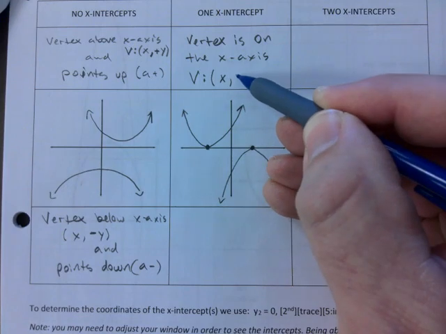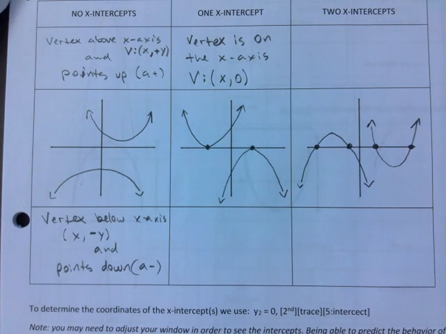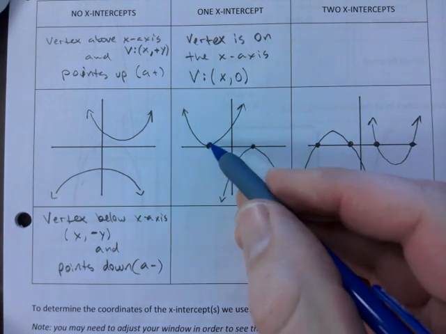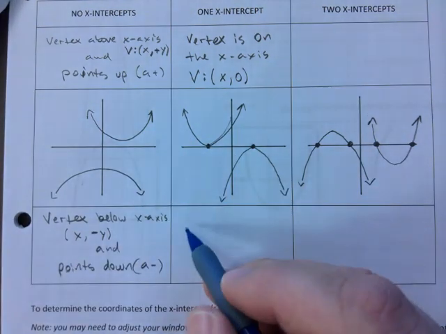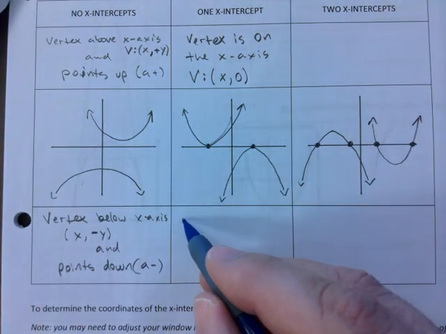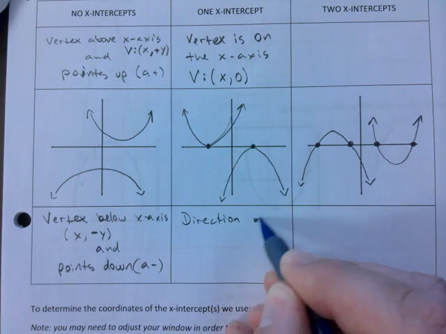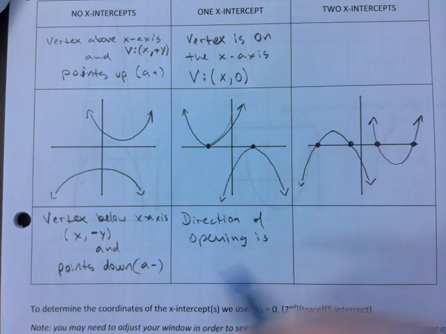It'd have to be 0, right? And you know without a doubt that it's going to be on the x-axis. Does it matter which way it's pointing? It wouldn't matter, right? If this is on the x-axis, whether it points up or down, it doesn't matter. Direction of opening is irrelevant.